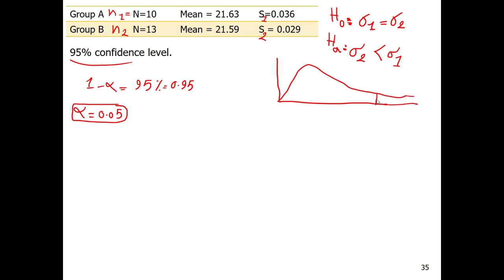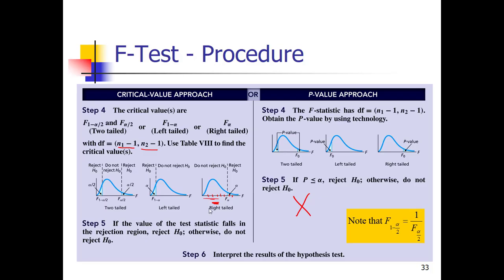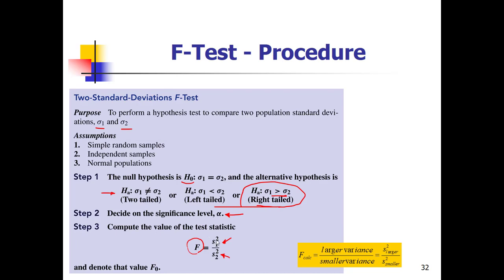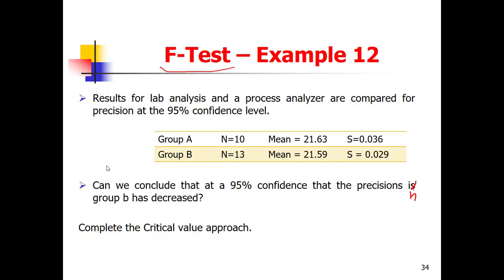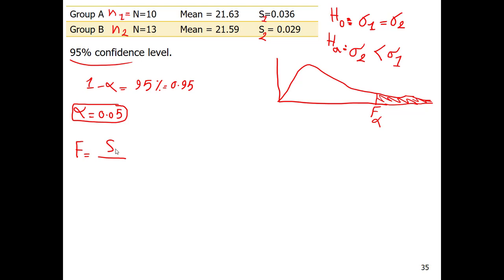So I have alpha. I have to go find the F value from the table, and I also have to calculate an F from the equation that I have. This equation: S1 power 2 over S2 power 2. S1 is 0.036 power 2.